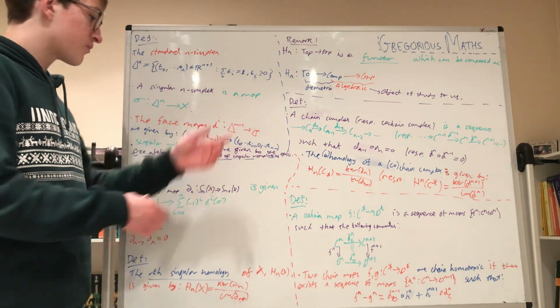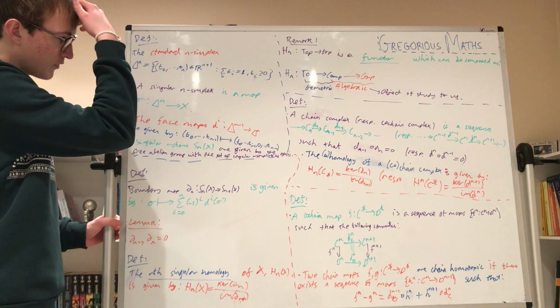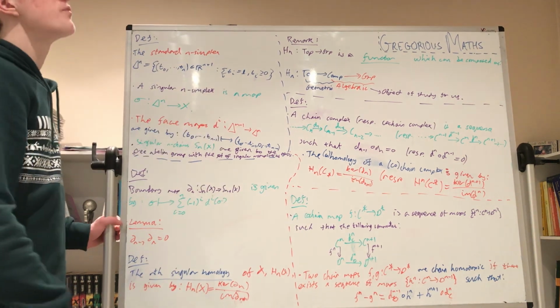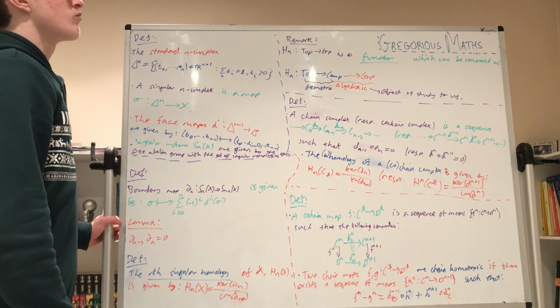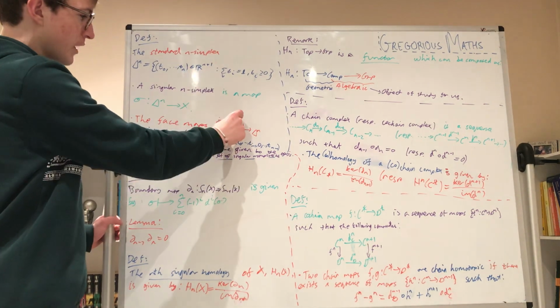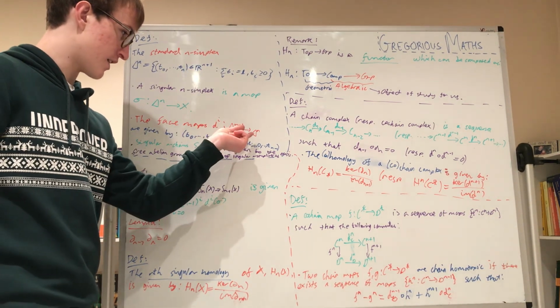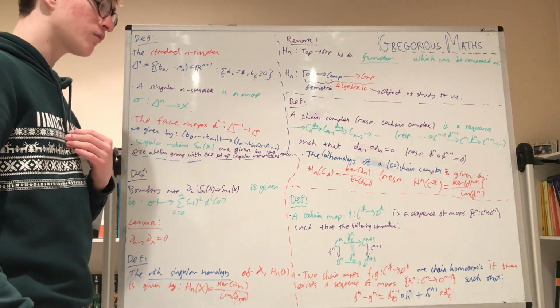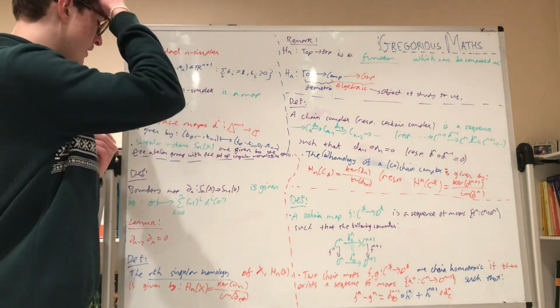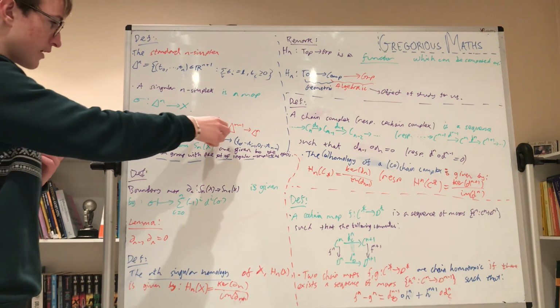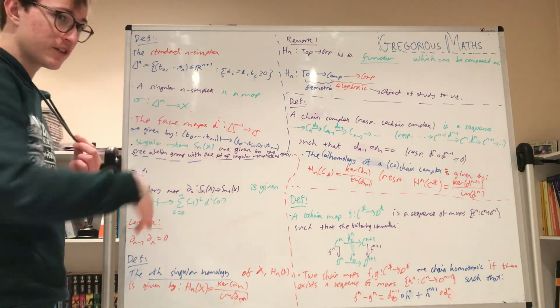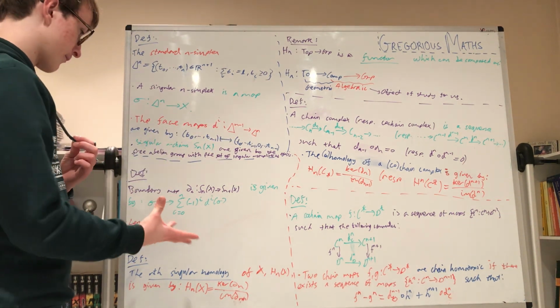The ith face map: we take an n-1 simplex and embed it into an n simplex, and each one of these embeddings is called the ith face.